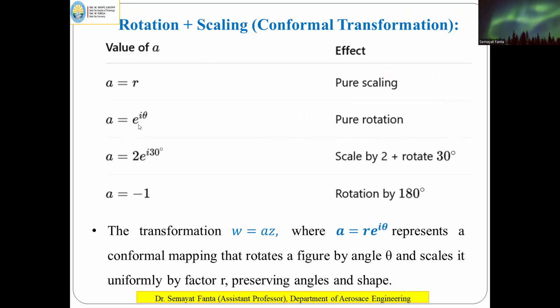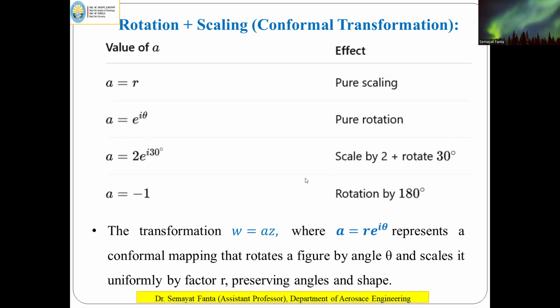When a equals e raised to i theta, it is pure rotation. When a equals 2 times e raised to i 30, where 30 is theta, it means scale by 2 and rotate by 30 degrees. And a equals minus 1 means rotation by 180 degrees. So that is the rotation scaling transformation.